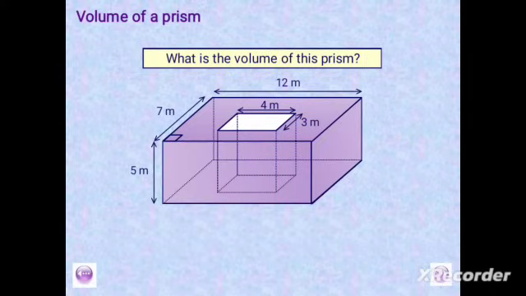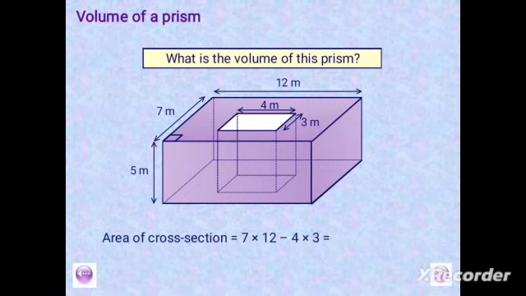Example number 2, find the volume of this prism. So we are going to find the cross-sectional area, which is the area of the bigger face minus the area of the smaller face.